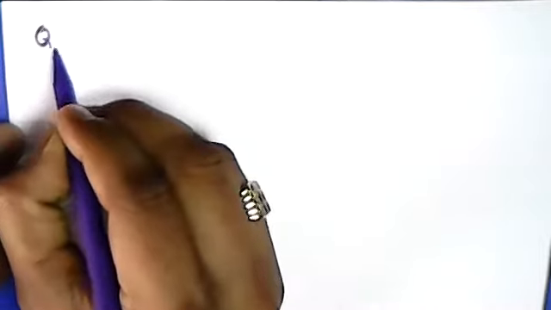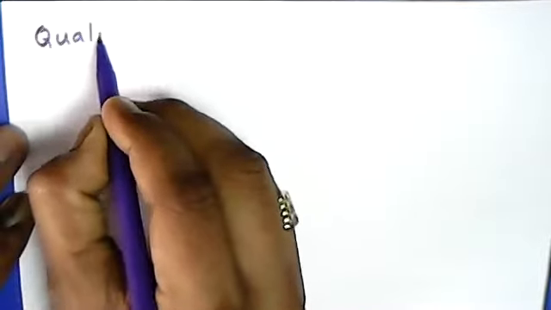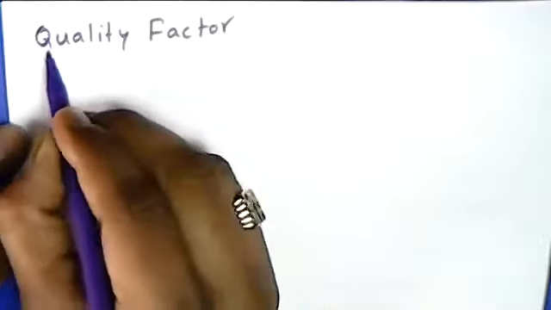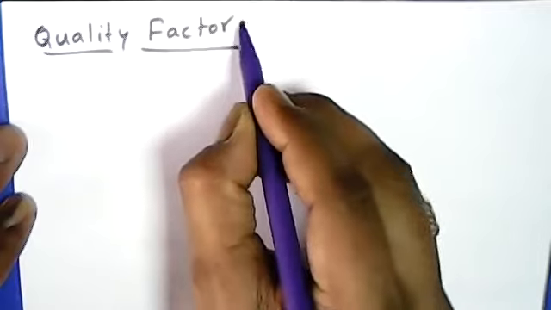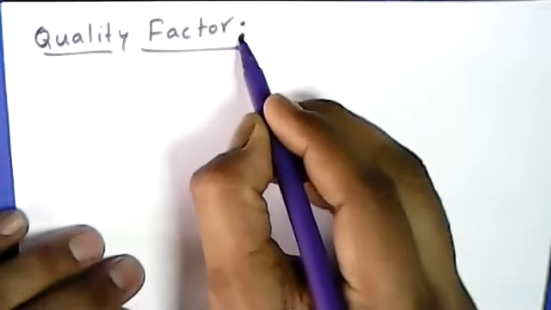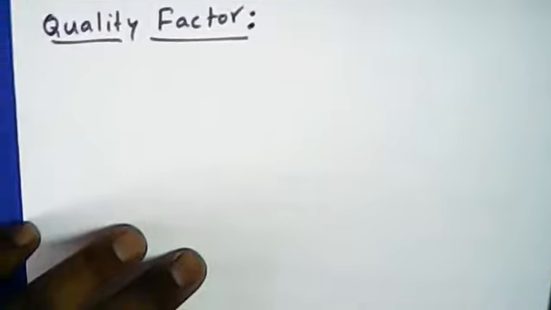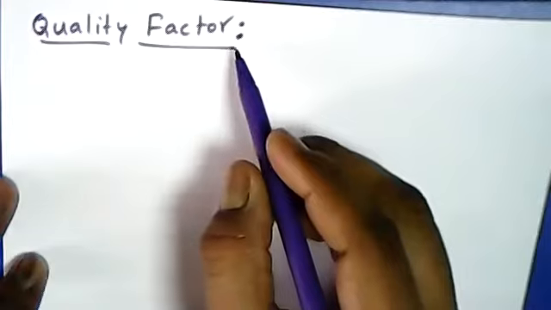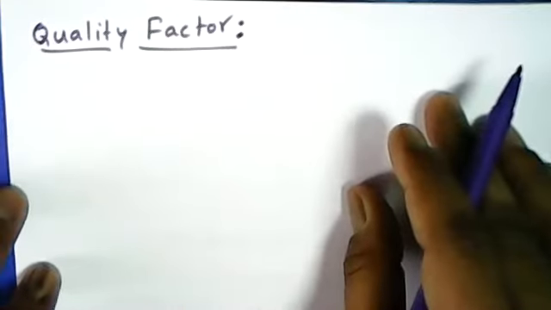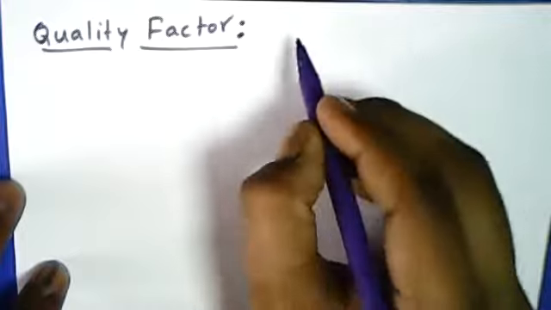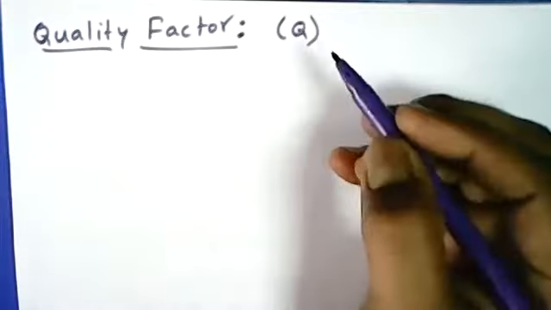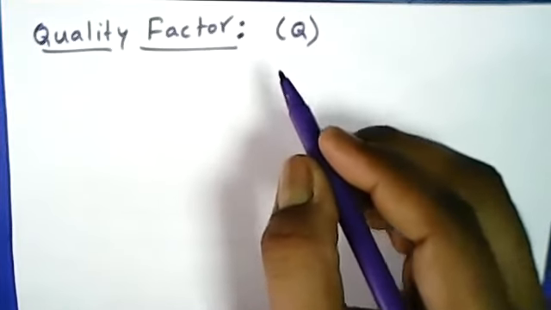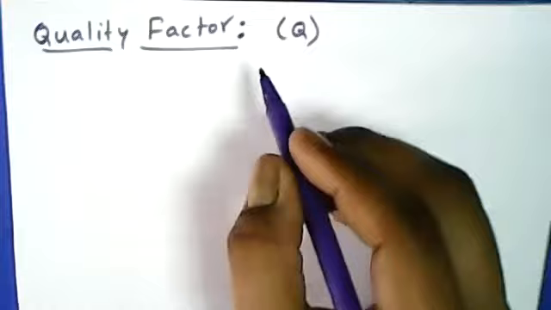This quality factor is given as Q. It is the same as whatever we have discussed in the case of rectangular waveguide, and for the strip lines also we have discussed the same quality factor.